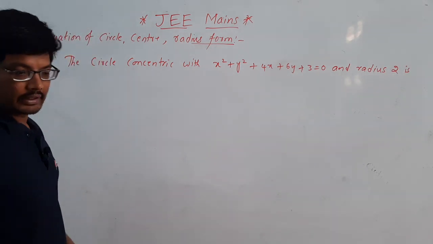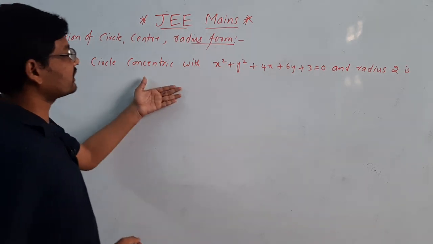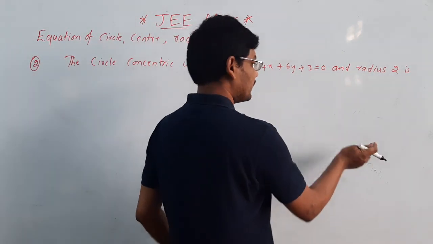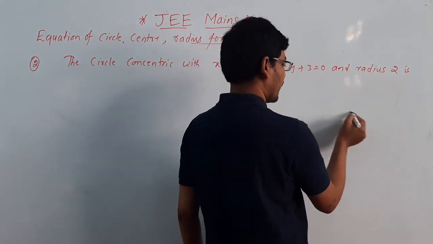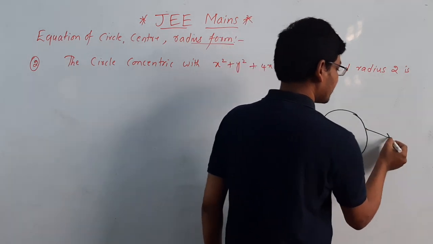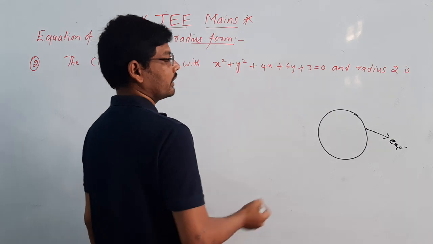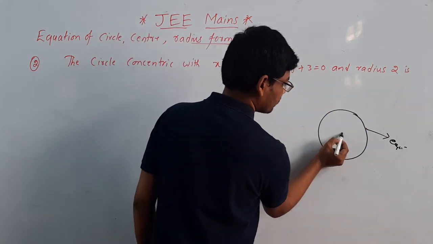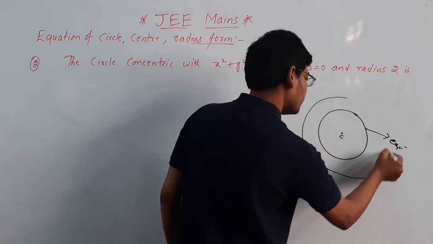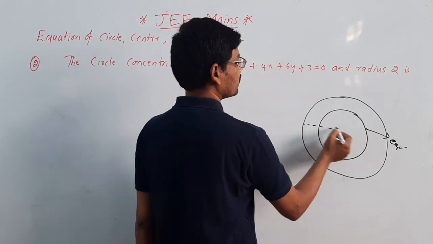So this is the question he has given. He is asking for the circle concentric with this circle and with radius 2. This is a circle equation he has given, having center C1, and from the same center one more circle is there with a radius of 2.